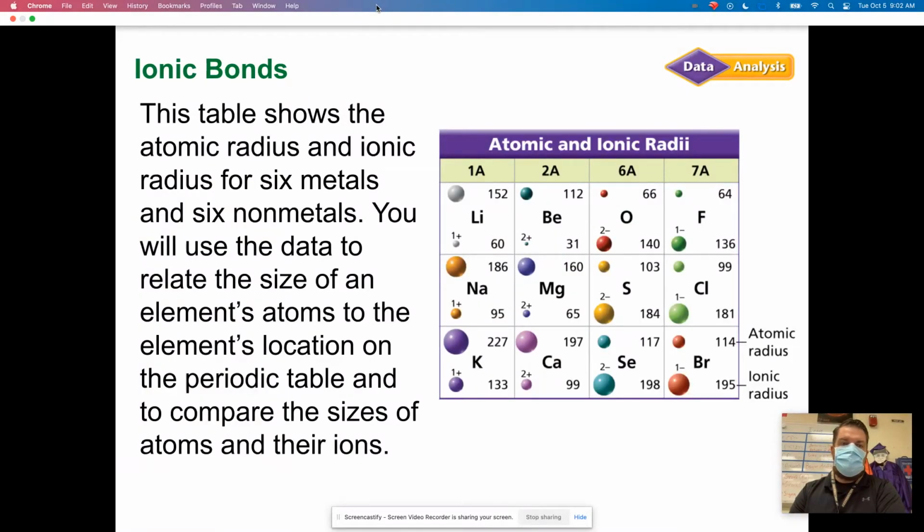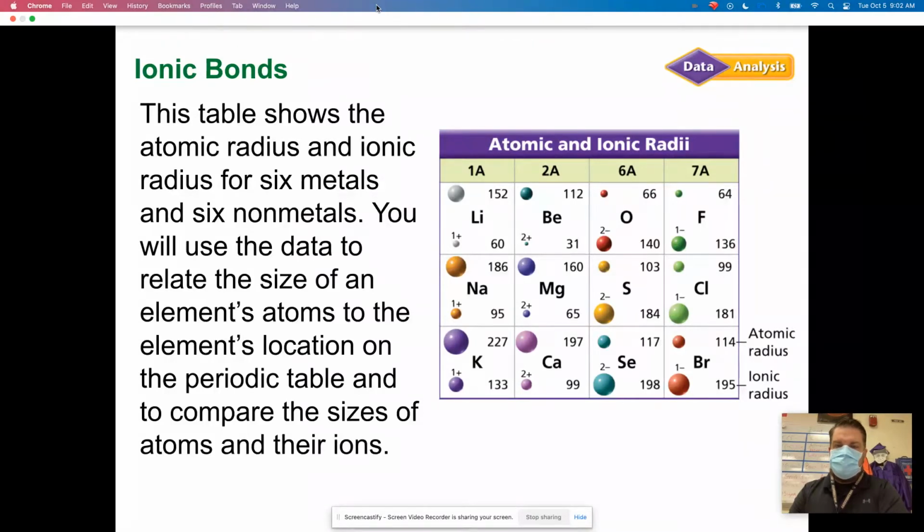So in this table, we show the atomic radius and ionic radius for 6 metals and 6 nonmetals. You could use this data to relate the size of the element's atoms to the element's location on the periodic table, okay? And then compare the sizes of the atoms and their ions, okay?